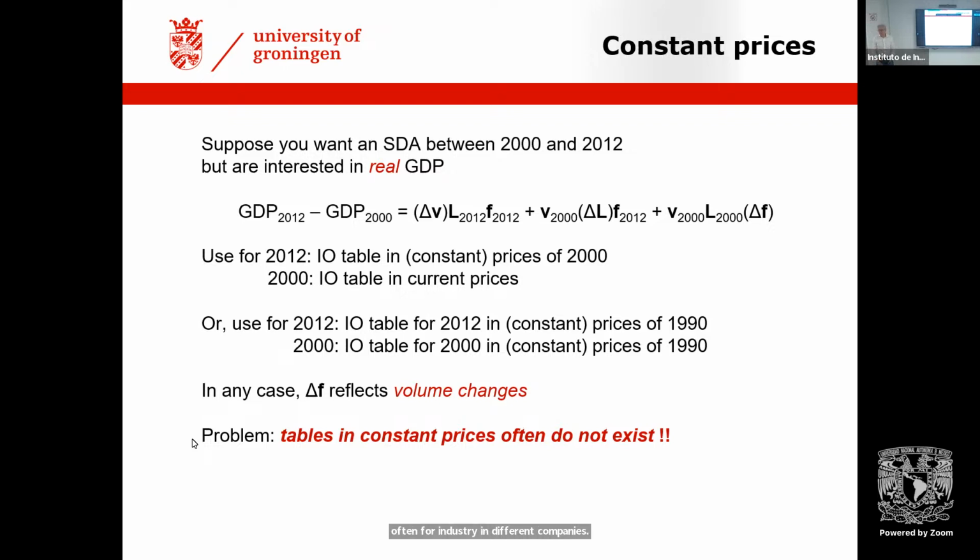So the easy way out is to think, okay, easy peasy, I can make the input-output table in constant prices myself. You take the prices and multiply all the rows with the price index. This is called double deflation. If you do that, then all the little errors end up in the sink. And the sink is the value added.